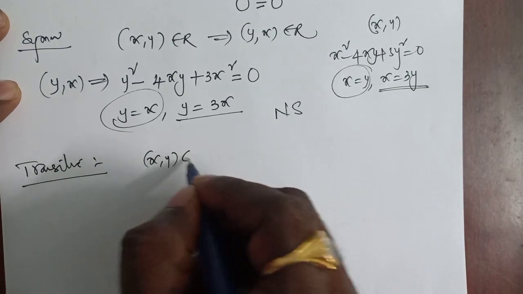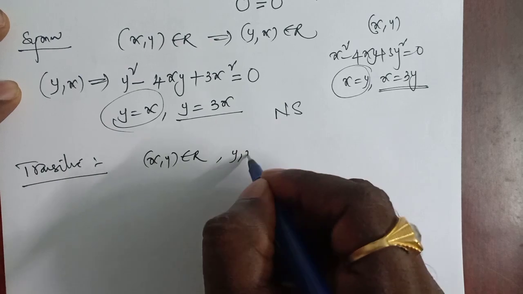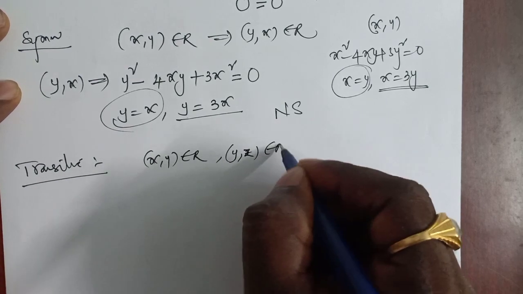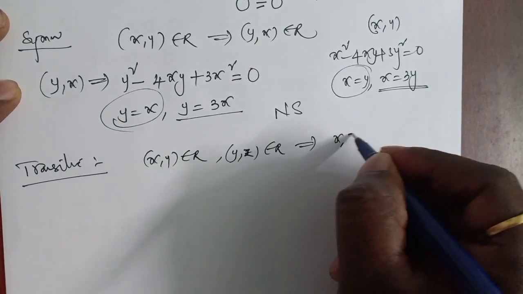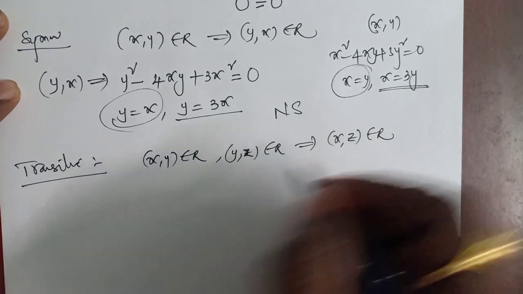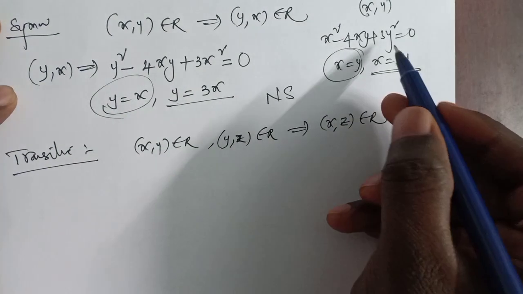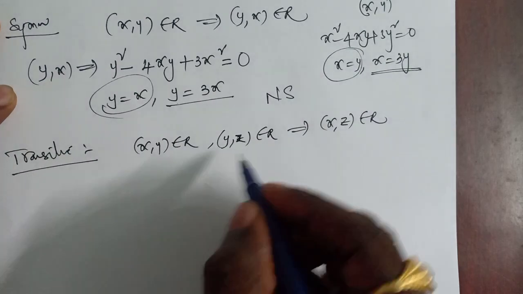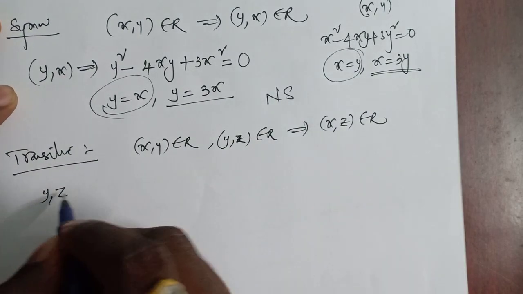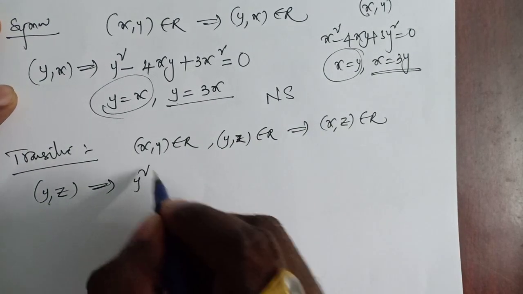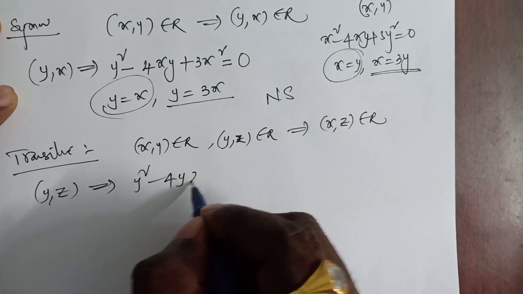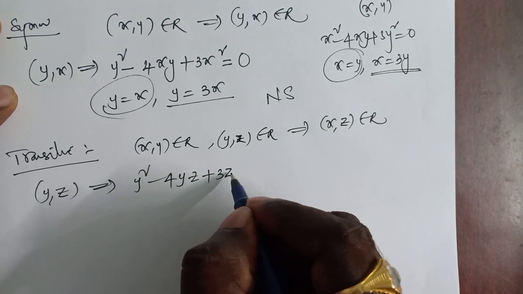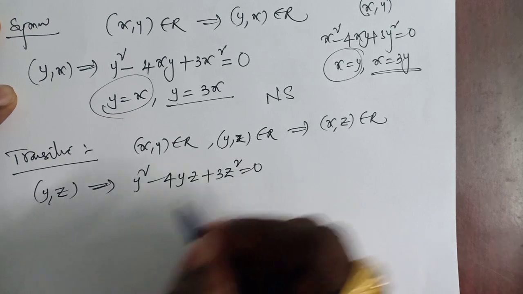Now coming to the transitive. So (x, y) belongs to R and (y, z) belongs to R, then (x, z) also belongs to R. See original, and then coming to yz, so y square minus 4yz plus 3z square equal to 0.